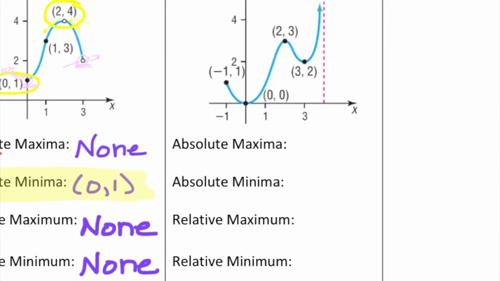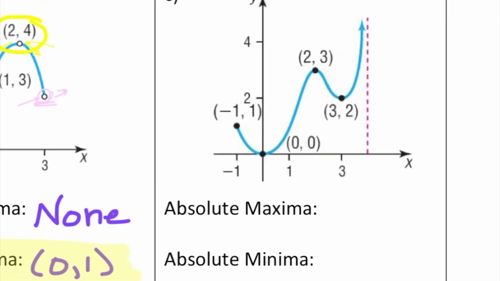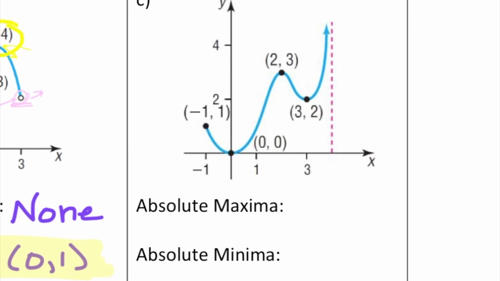In this graph, we have a section that goes up to positive infinity. And if any part of a graph goes to positive or negative infinity, that is going to automatically cause you not to have an absolute min or max, whatever direction you're going. So in this case, this graph goes infinitely high. So there's no point that you can name that you can say this one point is higher than all other points.